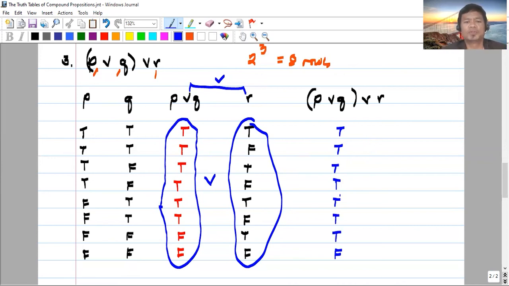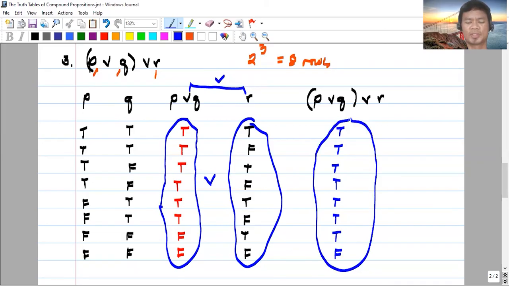So the truth value of the compound proposition P or Q or R has these values. So that's how we arrange our truth table when there are three variables involved in a given compound proposition.